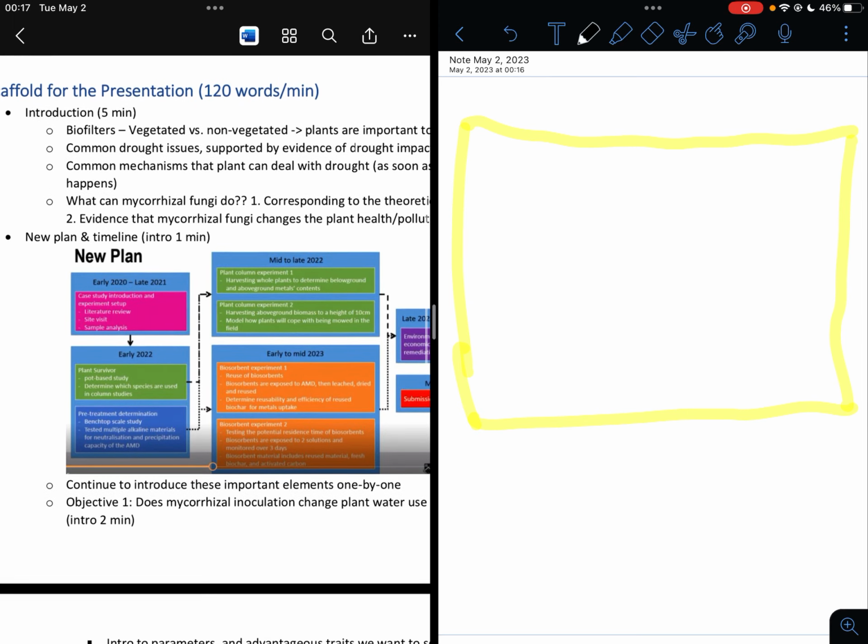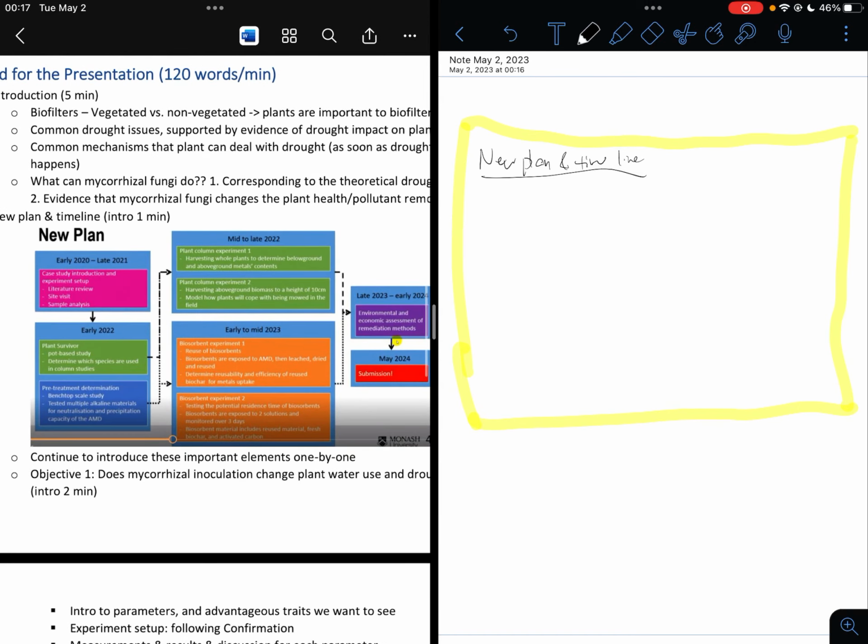So the next slide is about the new plan and the timeline. So here's the new plan and the timeline, and we want to put that in the middle. Then I really want to come up with something very similar to the one on the left.